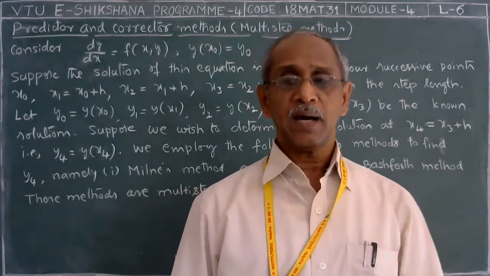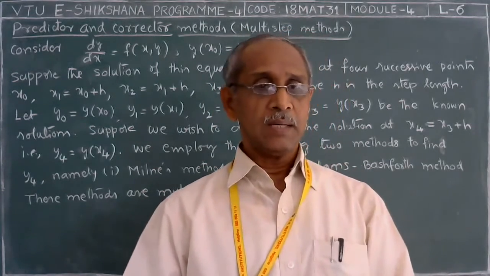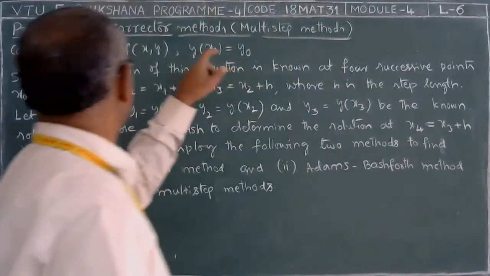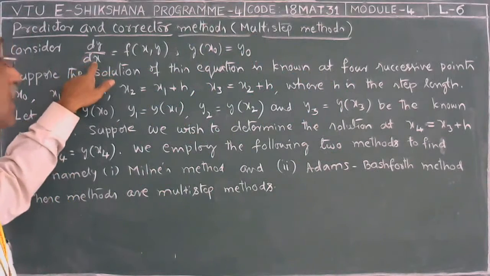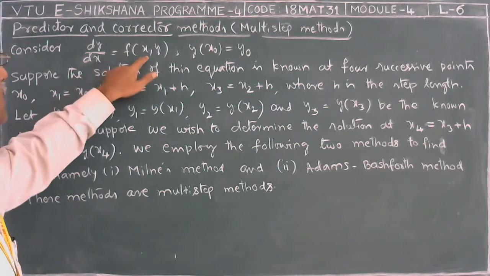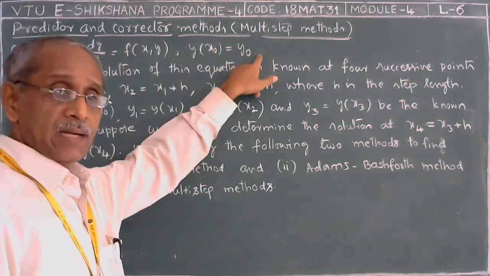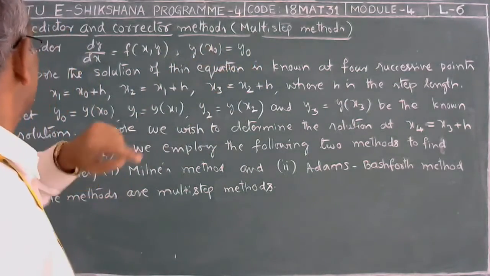These methods are prescribed in the syllabus to solve a first order ordinary differential equation of the form dy by dx is equal to f of x comma y with given initial condition y is y naught at x is equal to x naught.